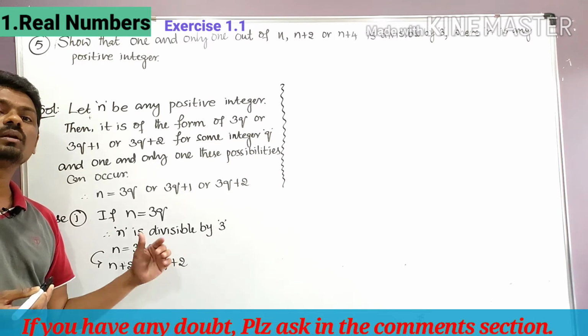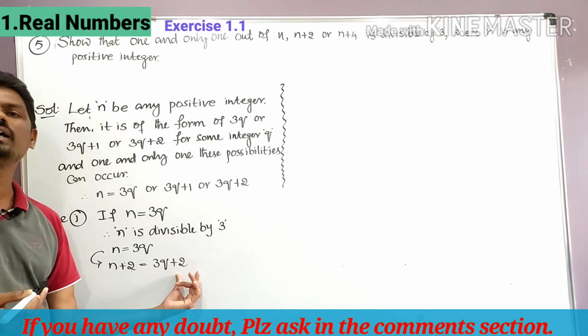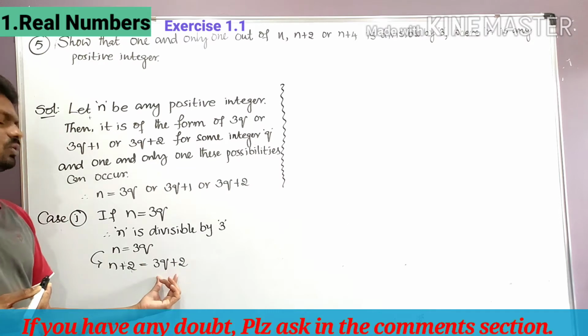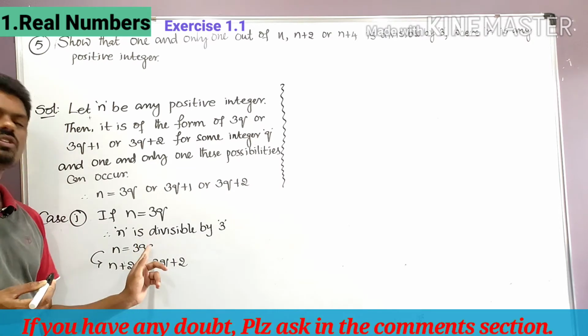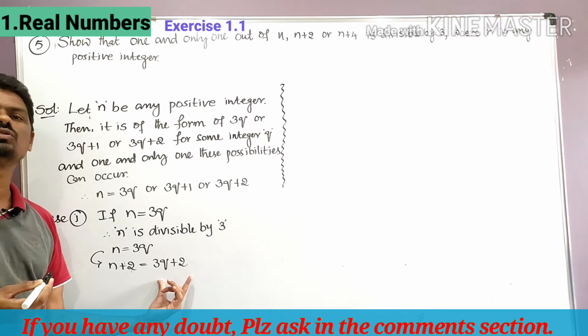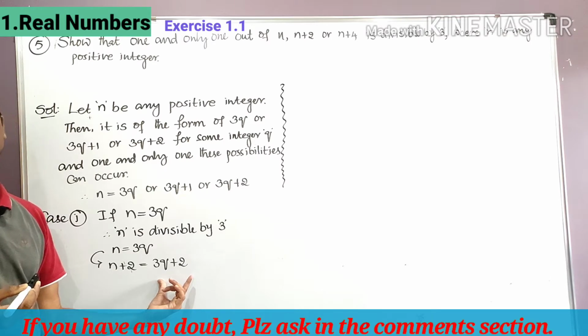So 3q plus 2 is not exactly divisible by 3. It leaves remainder 2 when it is divided by 3.